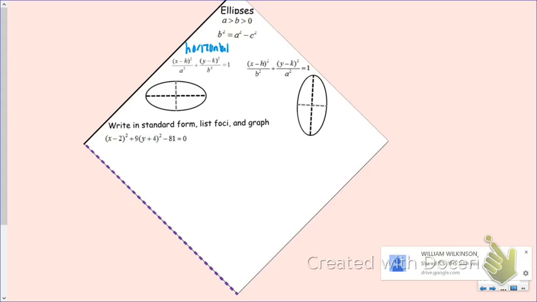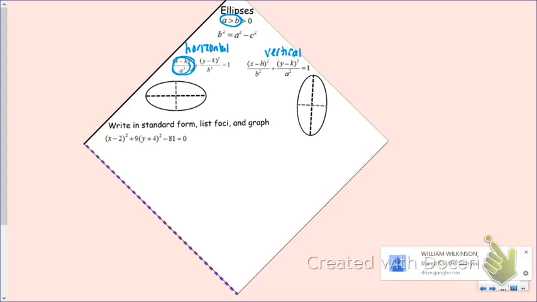The second equation is going to make a vertical ellipse. The reason is that A is always greater than B, and those values are always greater than 0. We're not going to look at negative values. Since A is greater than B, on the first one, what's under X is a larger number, and it's larger side to side. On the second one, what's under Y is a larger number, so it's bigger up and down.